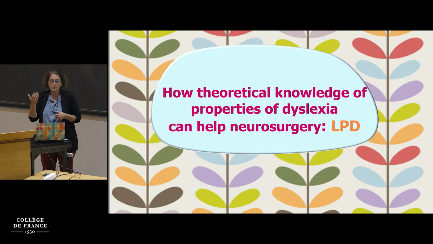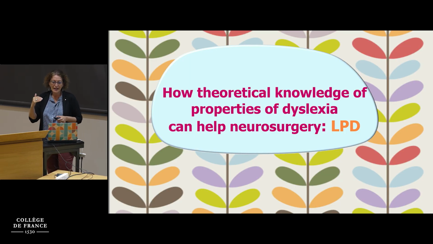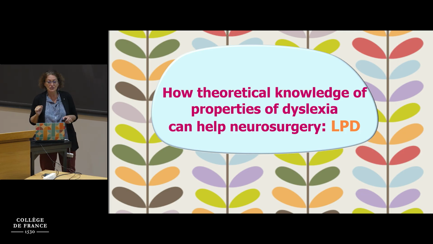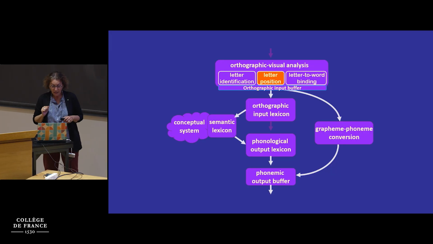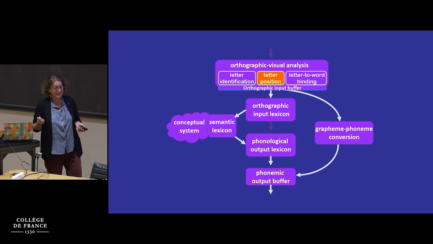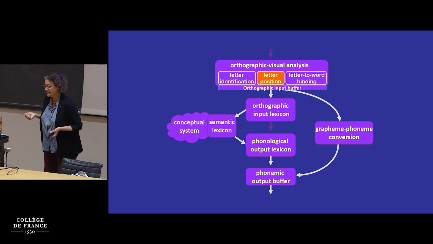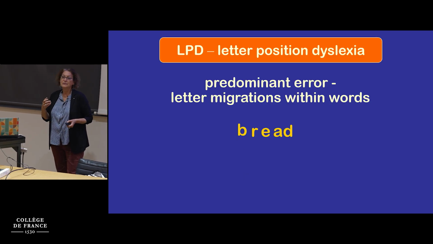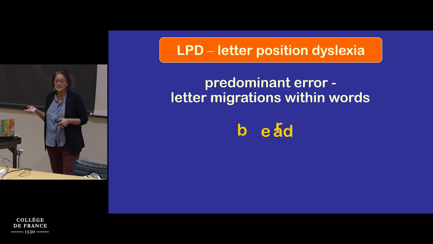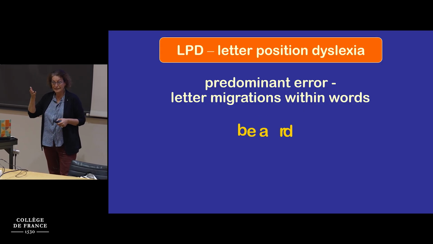So I'm going to start by presenting the approach to protect language, beginning with letter position dyslexia. Letter position dyslexia, not surprisingly, is a problem in letter position encoding. So what does it do? It causes people to read bread as beard, for example, or in Italian, torta as trota.